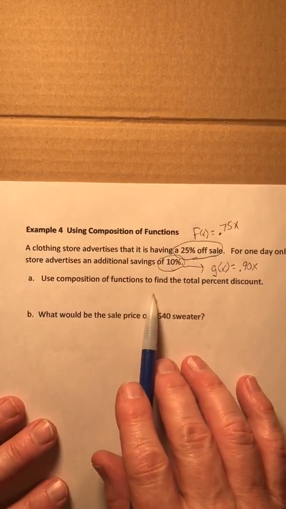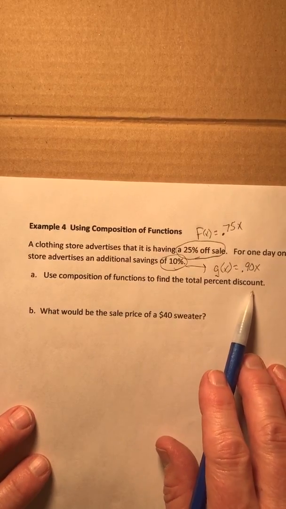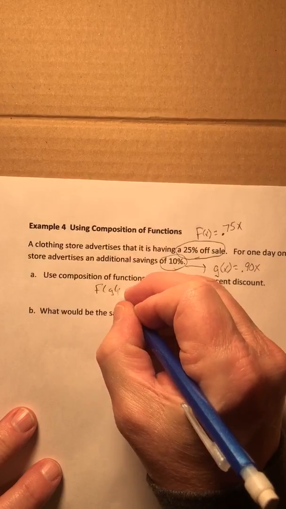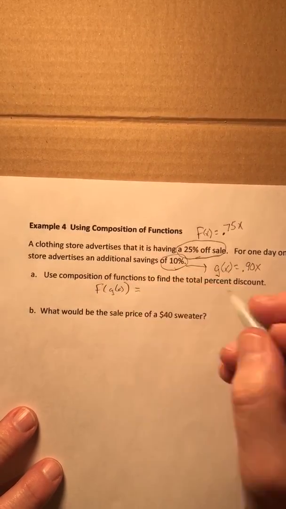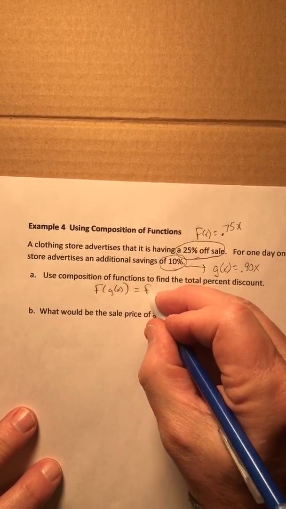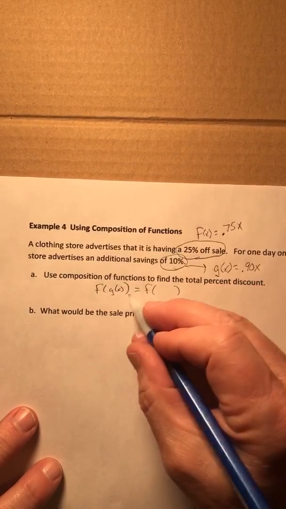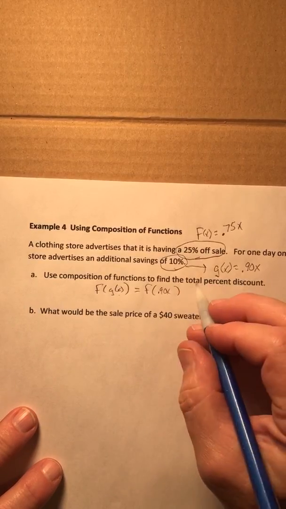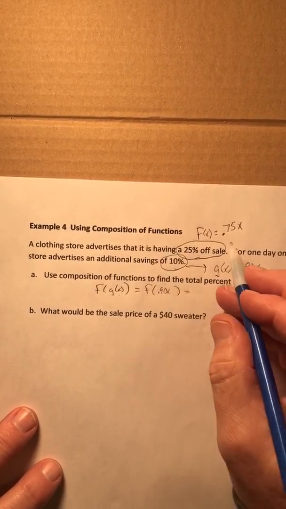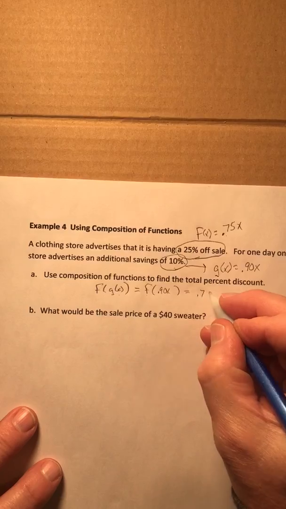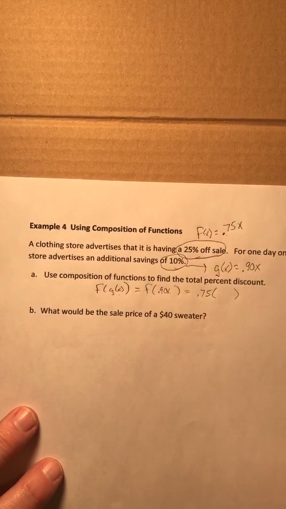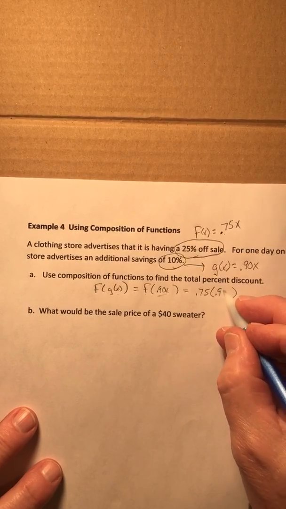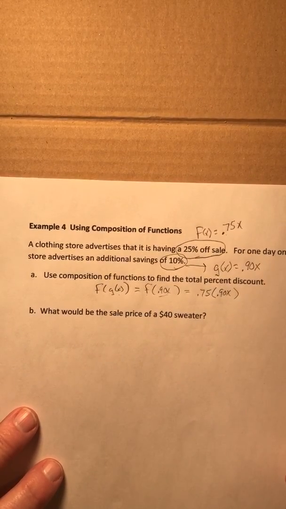So now it says use composition of functions to find a total percent discount. So we're going to do f of g of x. And again, f of g of x, we leave the f function there. Take out the g function, put what it's equal to, 0.90x. All right, then we take out the f function, rewrite it, but leave out the x. So it looks like that. Now we bring what's over here into this function. So 0.90x. All right.